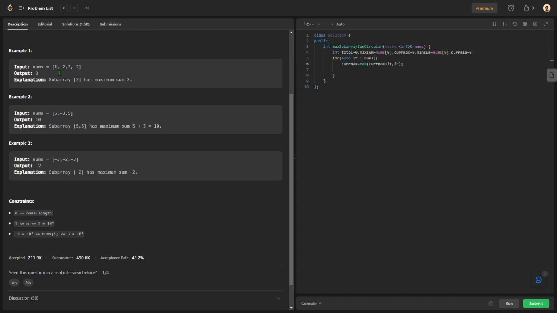If supposingly I was taking 1, then minus 2, the total sum is minus 1. Then I took 3, the total sum is 2. The sum is reduced because I took 1, I took minus 2, then I am planning to take 3, which is equivalent to 2.